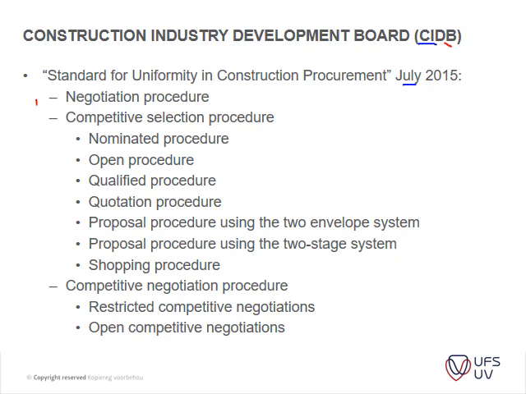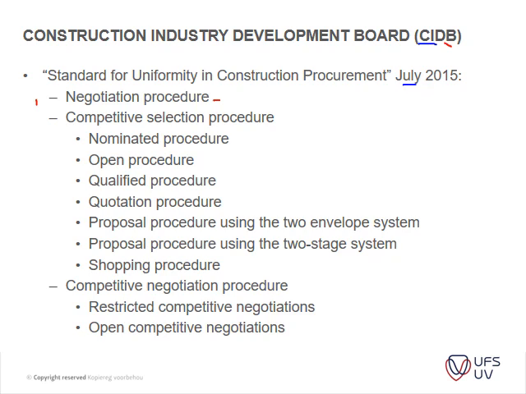The different procurement methods from the CIDB include your negotiated procedure, where you have maybe 1 or 2 contractors that you want to go into procurement with, and then you start negotiating a rate or a project value between those people. That's usually also in a design and build, where it's a very specialized installation.